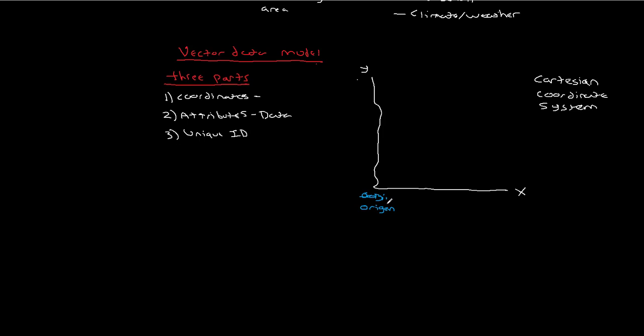So what the vector data model does is it provides a series of coordinates.